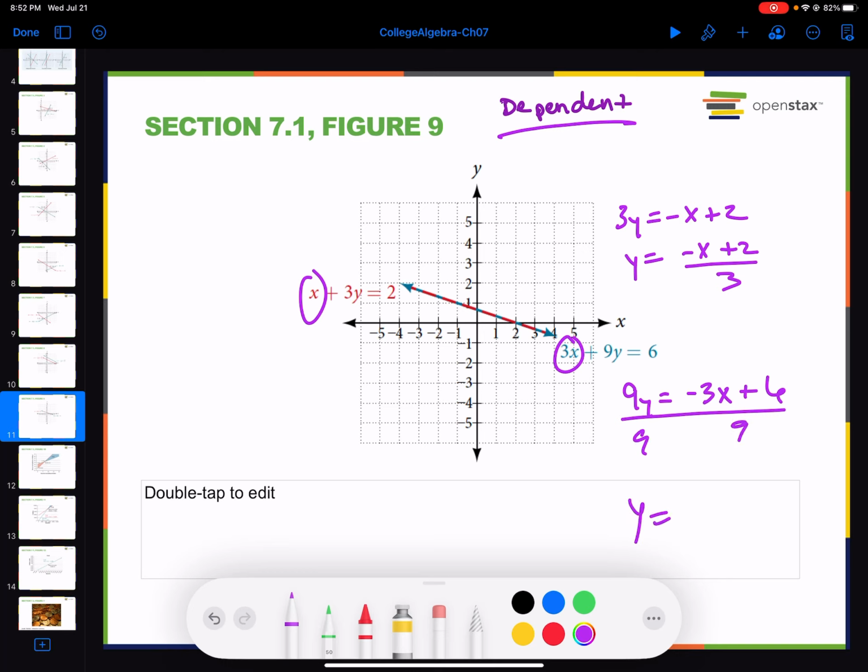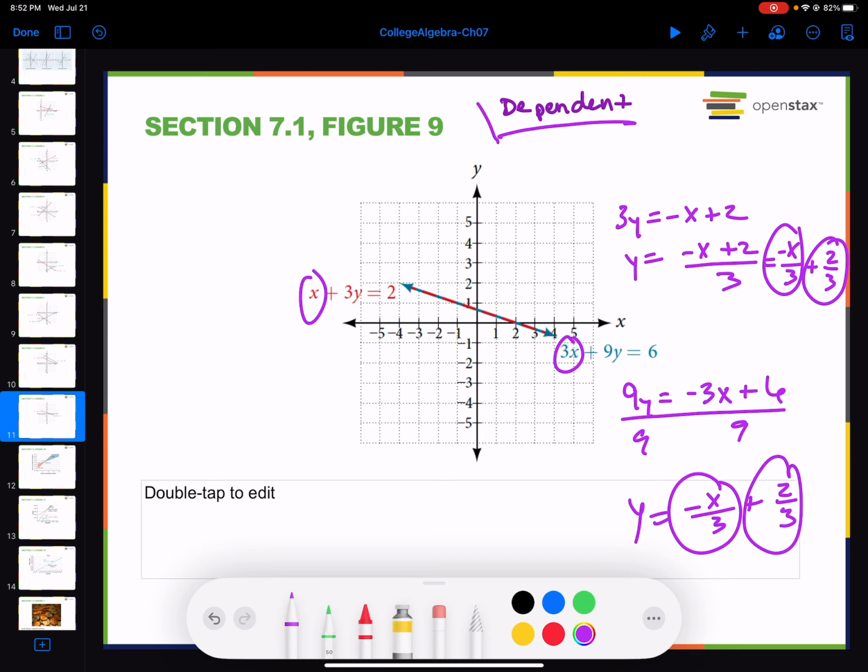So y equals negative x over 3 plus 2/3. So you can see that we've got the same exact slope and the same exact constant. So we've got a negative third x for the slope and a plus 2/3 for the constant. So this system is dependent. They share all the same points because they're the same exact line.